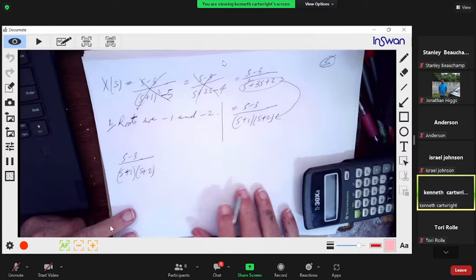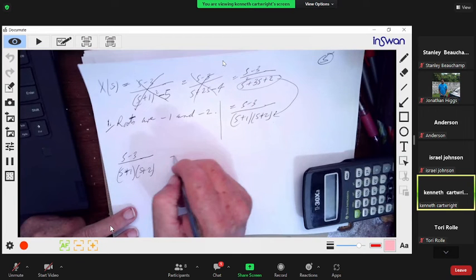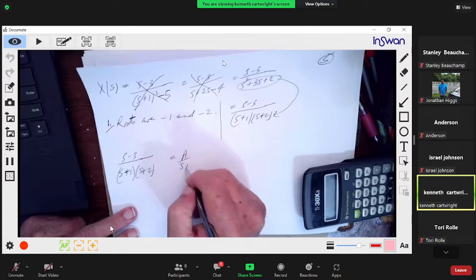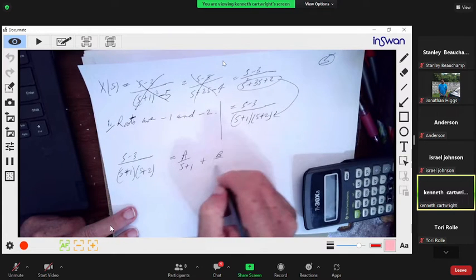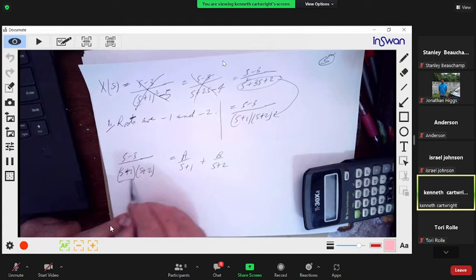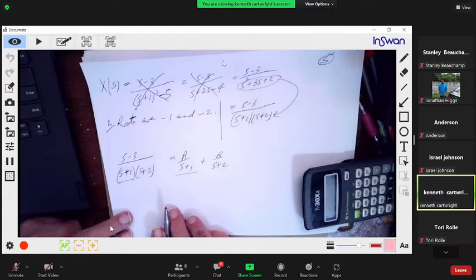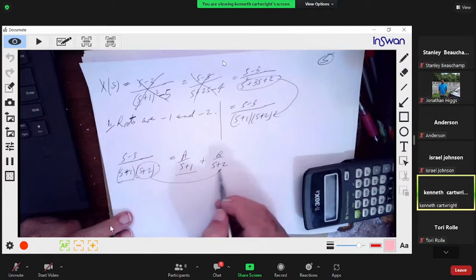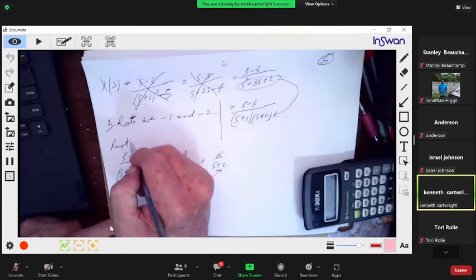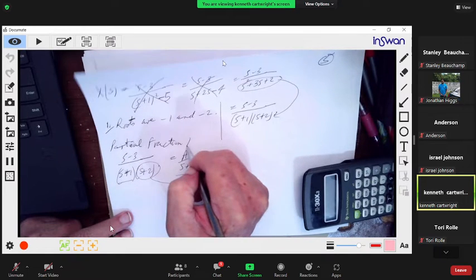This is a over s plus 1 plus b over s plus 2. You see what we did there? This is a factor, so it's a term by itself with unknown constant a. This is a factor, so it's a term by itself. And this is called partial fraction expansion.